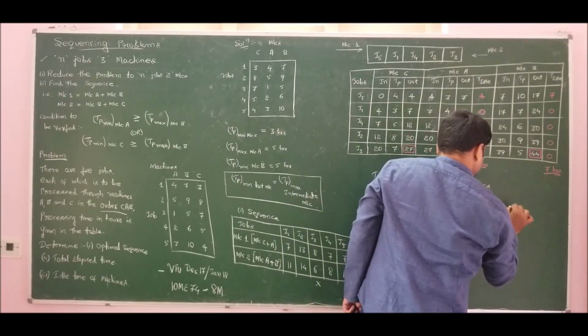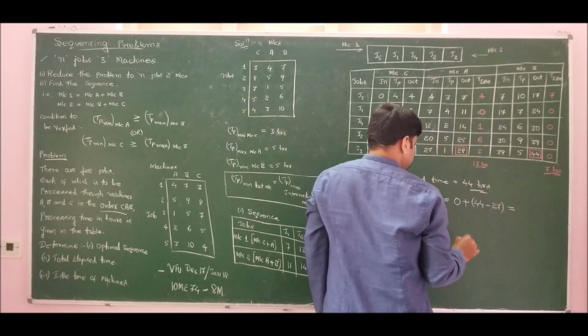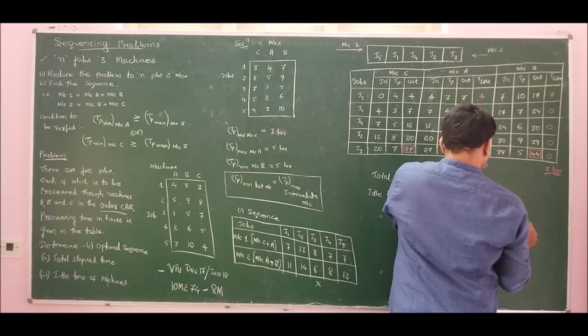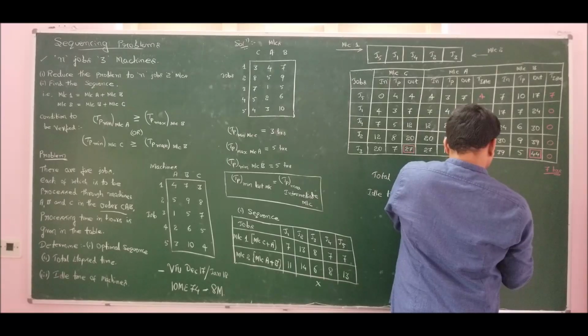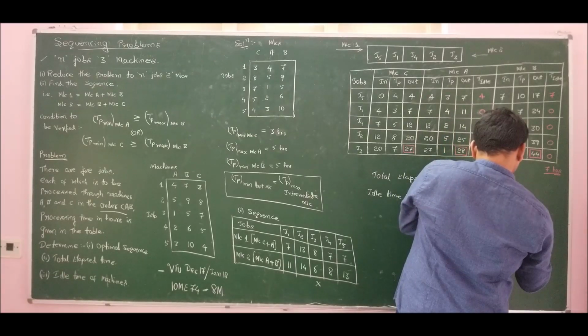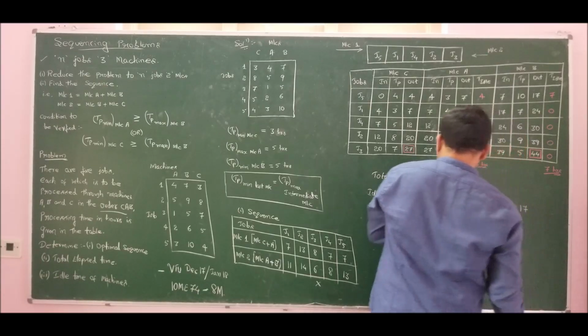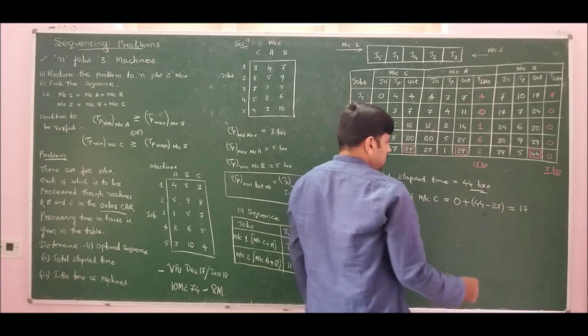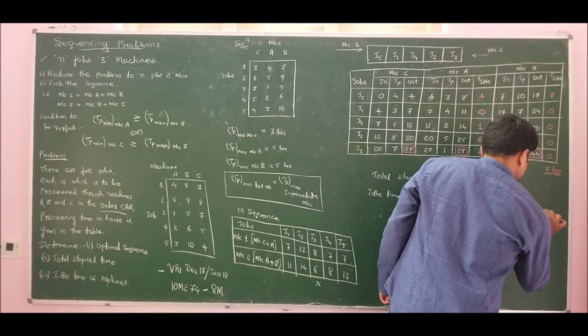So therefore the total idle time of machine C is 44 minus 27, it is 14, plus 3 is 17. So therefore the total idle time on machine C is 17 hours.